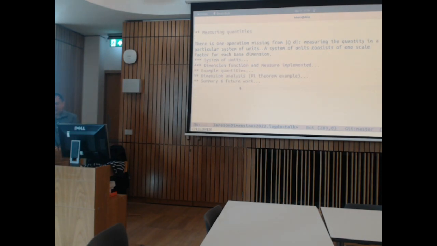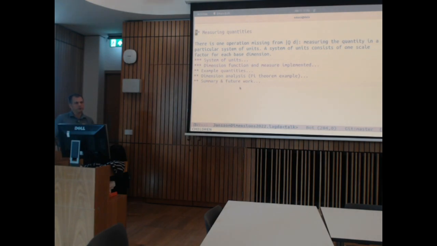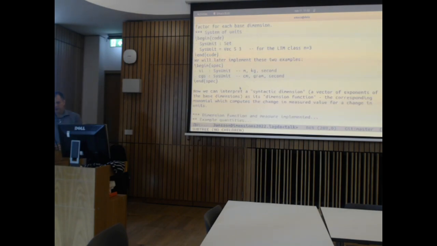Okay, so one thing I haven't done yet is to measure quantities, because I was saying that yes, we have these constructors val and so on, but we're not supposed to be directly interacting with the quantities. We're supposed to measure them with a function called measure, and for that we need a system of units. So that's defined, a system of units. That's a vector of as many scalars as you have base dimensions.